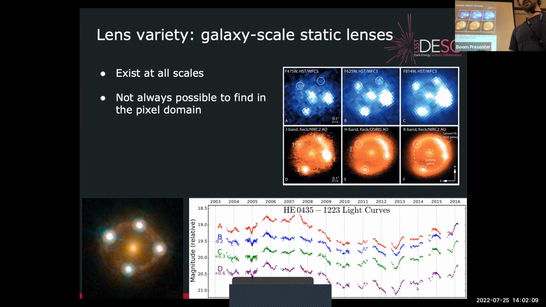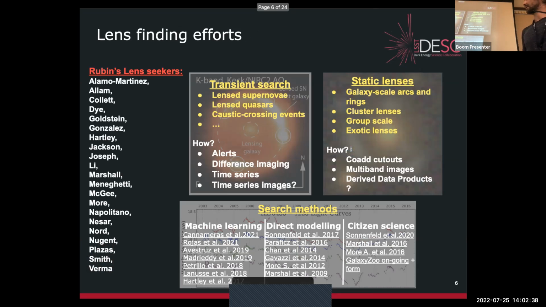For the transient side, we don't always have the opportunity to look for them at the pixel scale, as resolution is not something that we always have, as we've heard this morning with detecting unresolved strongly lensed supernovae. So we need to be able to find them also in the time domain. All of these concerns are what I have to integrate into building tools to help find strong lenses in Rubin.